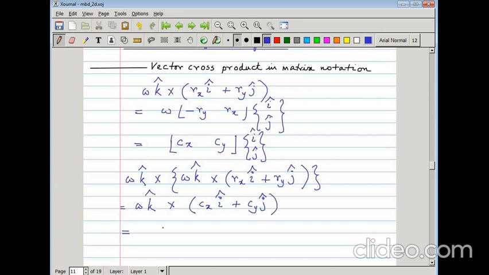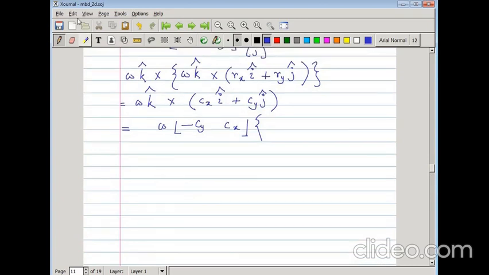So this can be again written as omega minus cy cx i j. This we have done before, and following the same procedure we can write it like this, but we will not do this.